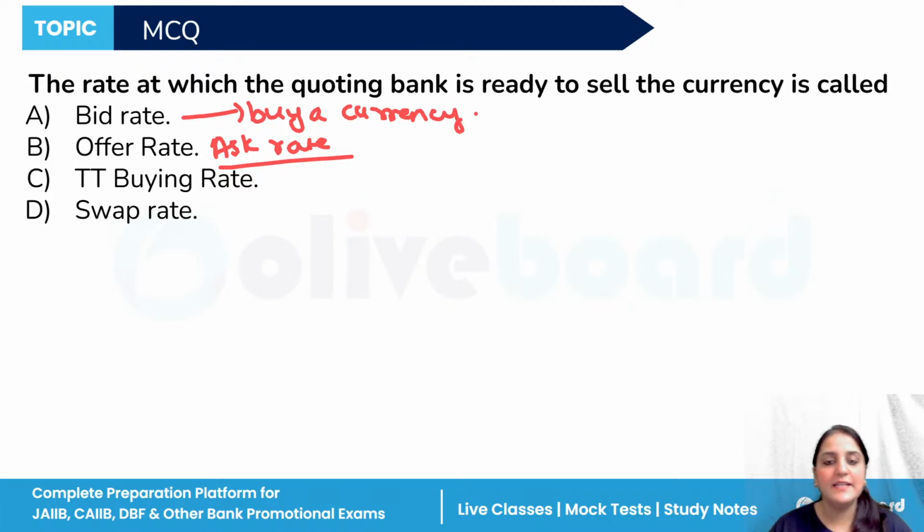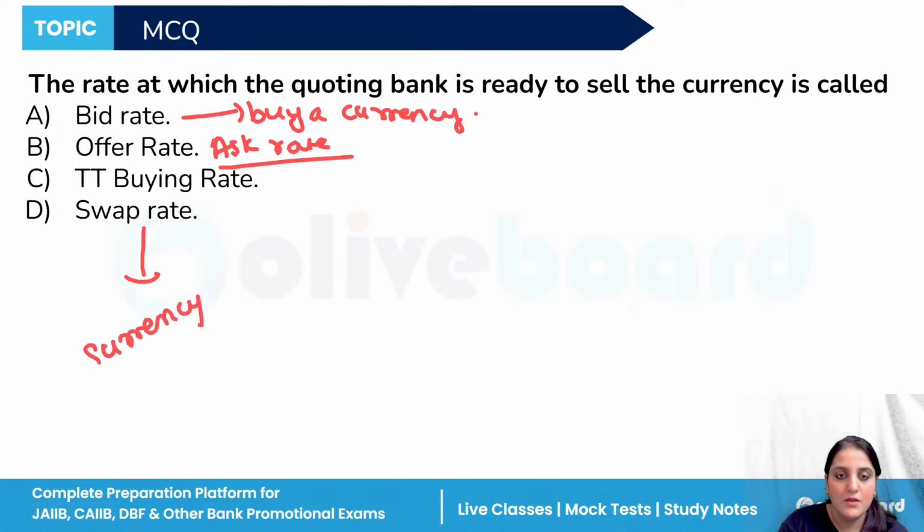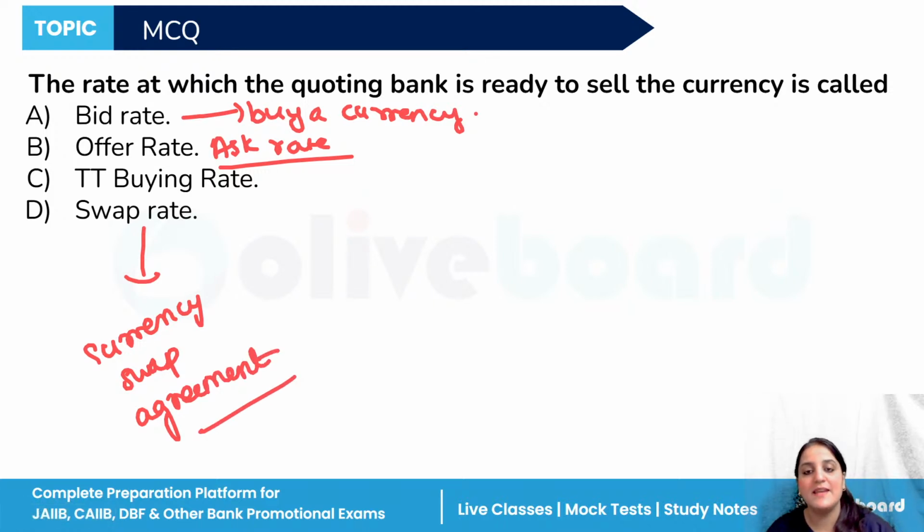And here TT buying rate refers to the telegraphic transfer buying rate, which is the rate for transferring funds electronically, and it usually applies to buying foreign currency. And if we talk about the swap rate, this refers to the rate used in a currency swap agreement, where two parties exchange currencies and agree to swap back at a future date.